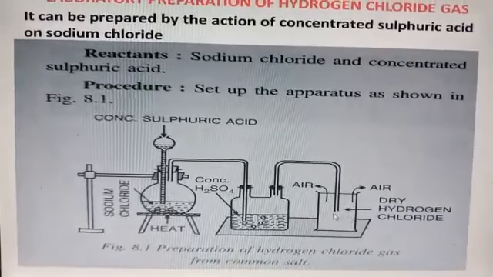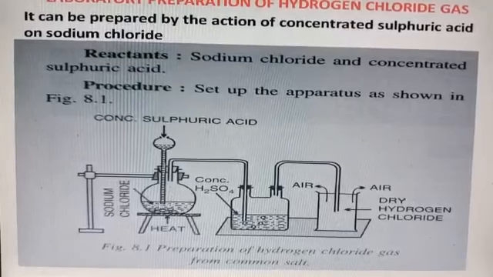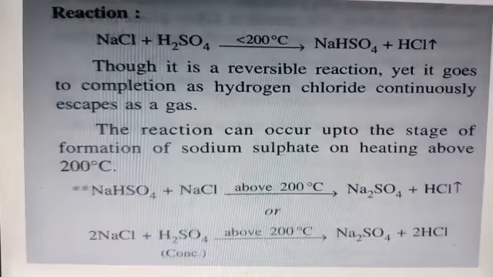So this is all about the preparation of hydrogen chloride gas. Then let's see what reaction is actually taking place. When sodium chloride and concentrated sulfuric acid mix, what chemical reaction takes place? Let's see.